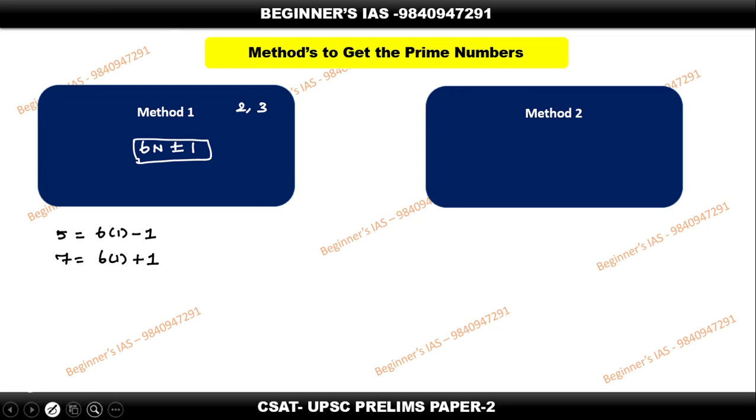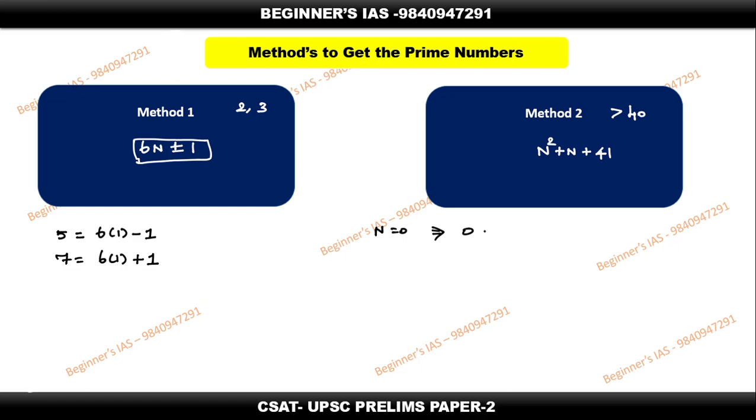So what is method 2? Let us see method 2. For numbers greater than 40, you can apply this method, n square plus n plus 41, to get a prime number. How to get that? Let us see. Here I'm just taking n as 0, that is the whole number. If n is equal to 0, obviously you get a prime number.